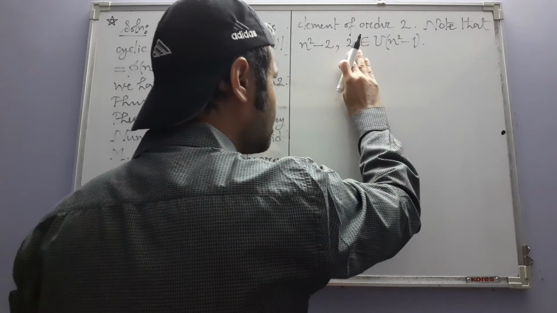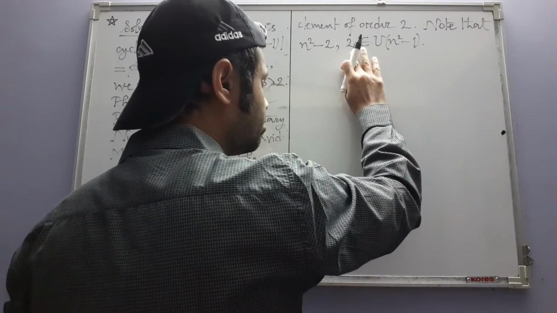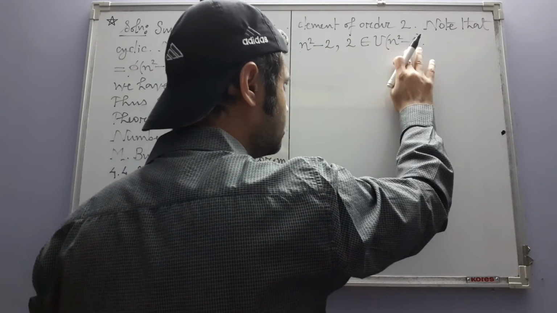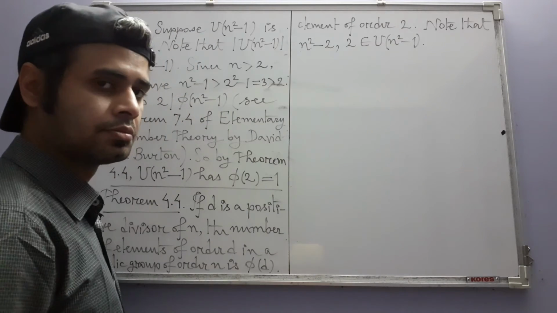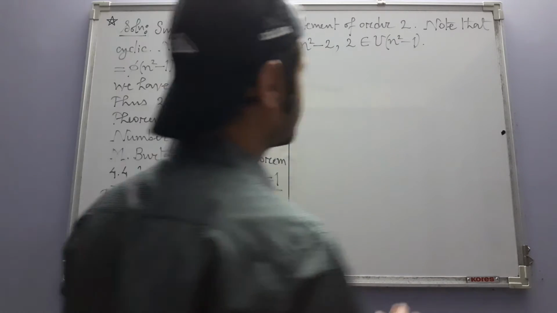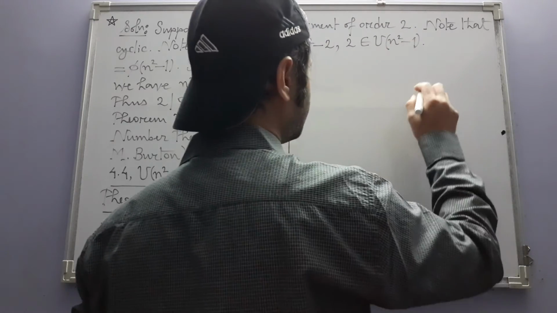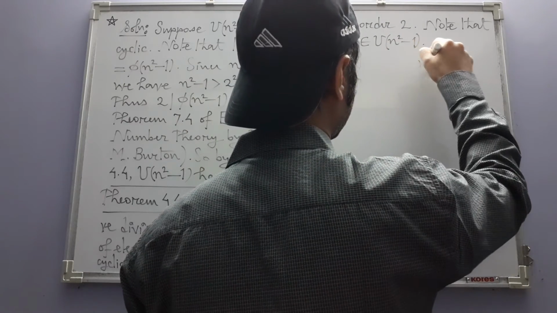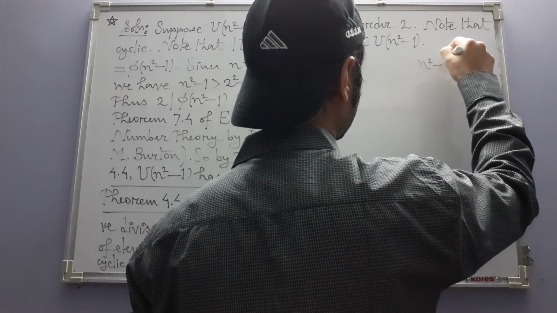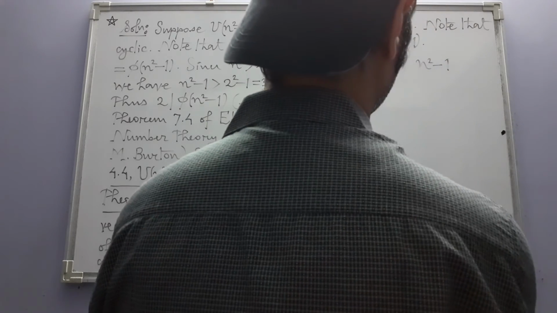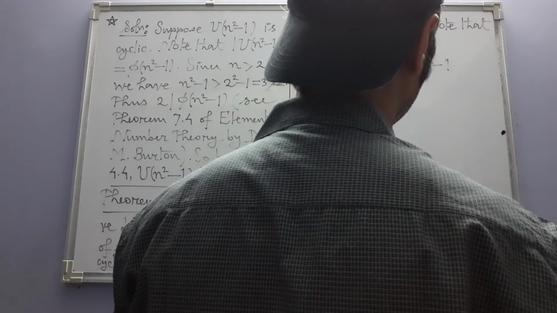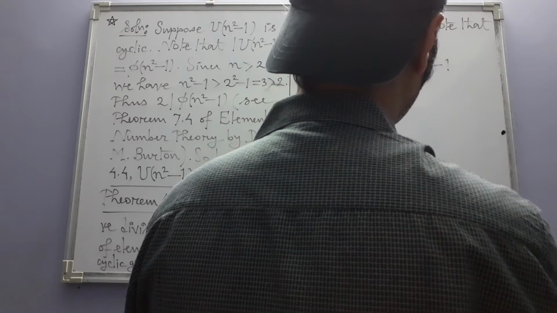Since 2 itself is a prime, 2 would be relatively prime to this if and only if 2 does not divide n square minus 1.